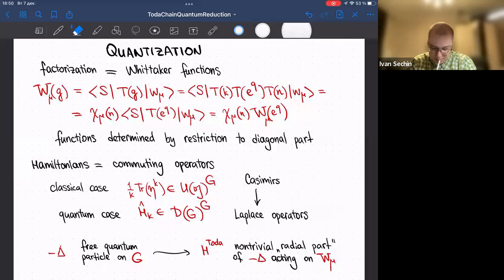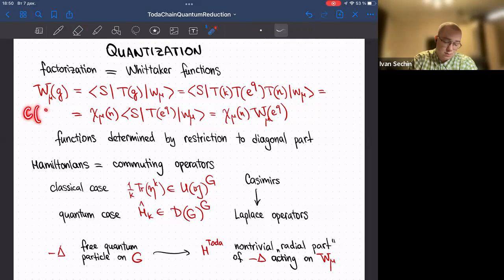You can write it in this way. This Whittaker function is a function on the group, but it appears that it is a function on A, only on diagonal matrices.